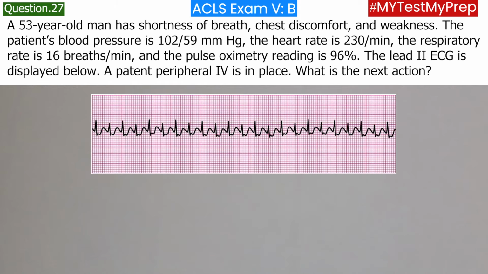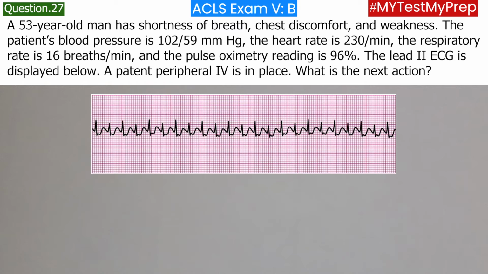A 53-year-old man has shortness of breath, chest discomfort, and weakness. The patient's blood pressure is 102/59 millimeters of mercury, the heart rate is 230 per minute, the respiratory rate is 16 breaths per minute, and the pulse oximetry reading is 96%. The lead 2 ECG is displayed below. A patent peripheral IV is in place.